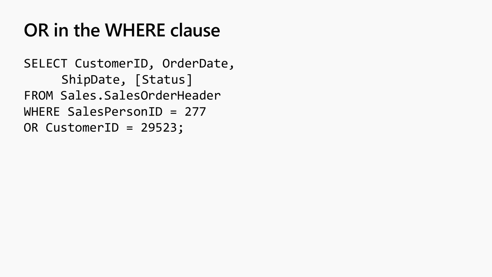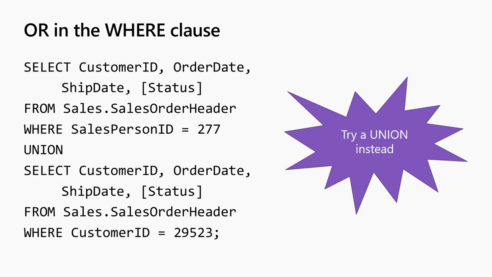This one, because I have an OR condition there, and it's so wildly different, will typically lead to a scan being used in the underlying table, the sales order header table. Now, if you change this to be a union, or if you know that these two wouldn't come up with overlapping result sets, even a union all, that actually gets you out of a problem.